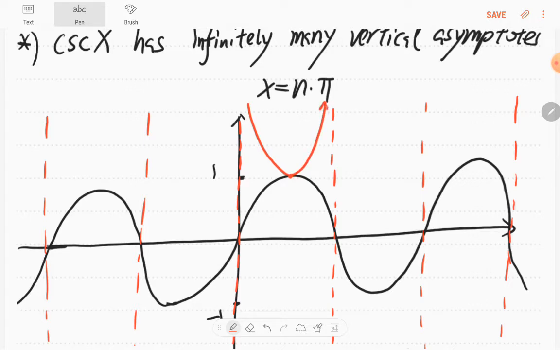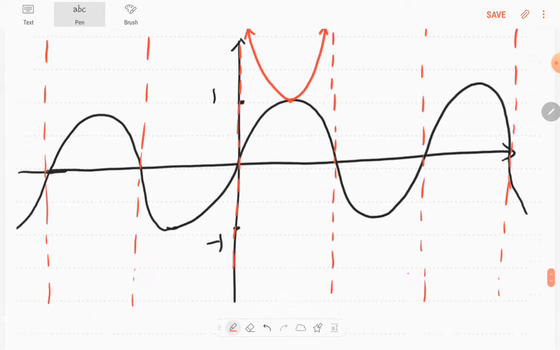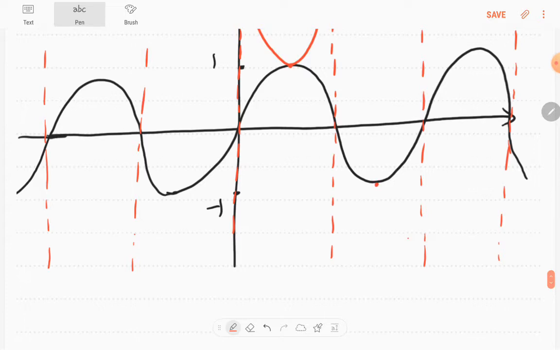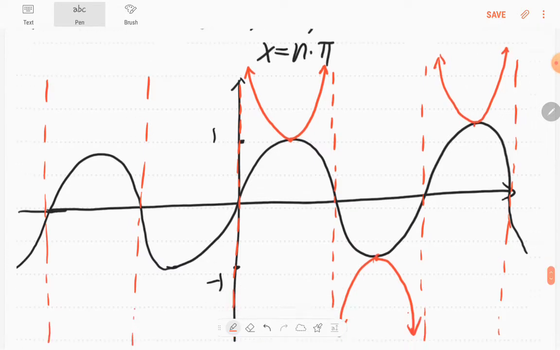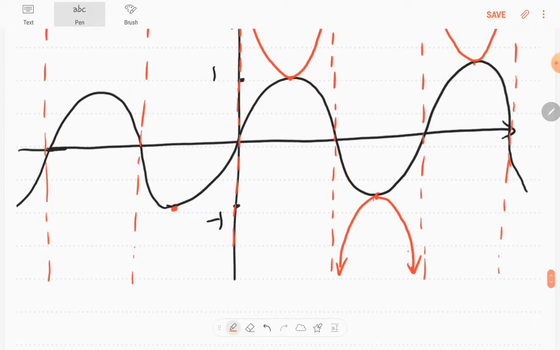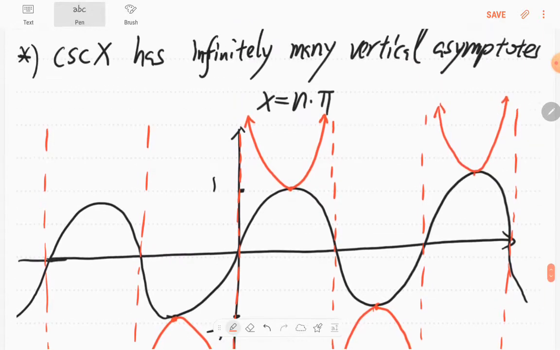So the graph would be this red curve. It will touch at the peak and the bottom, right? The graph would be this one.